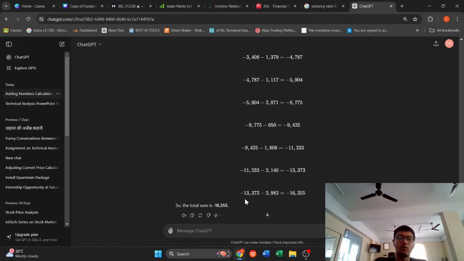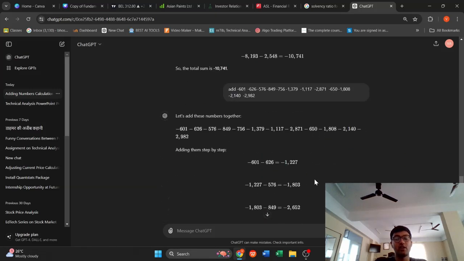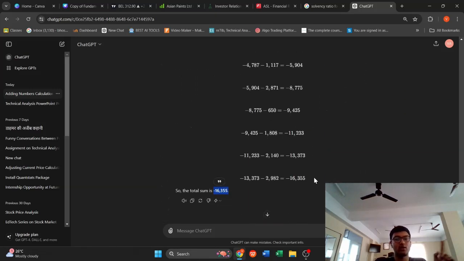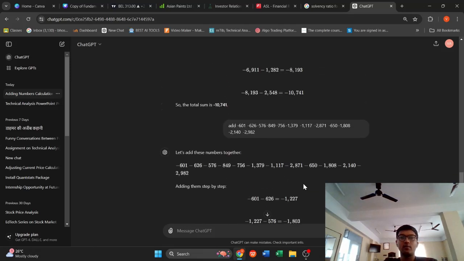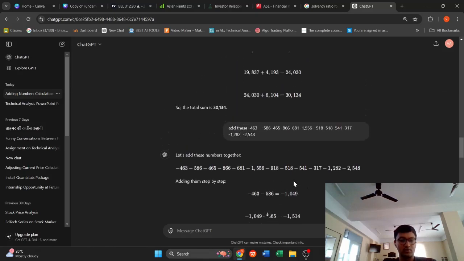If you look overall, they just need to return about 16,000 crore rupees. Let's total all the figures and see how the company has done over the last 10 years. They have to return just 16,000 crore rupees to outsiders, and they are able to generate 30,000 crore rupees from operations.